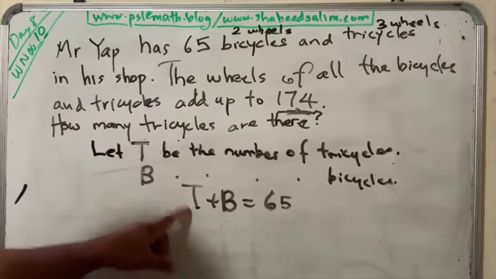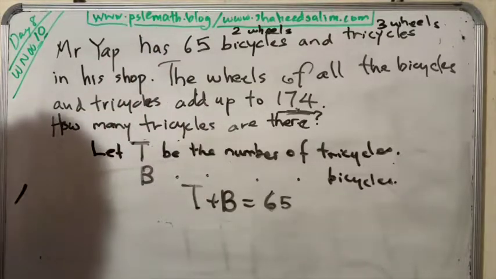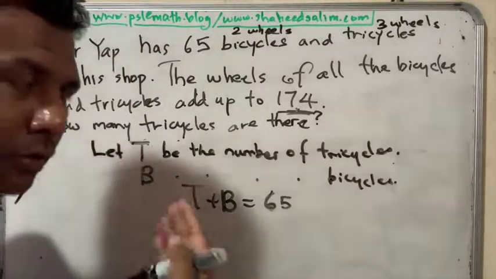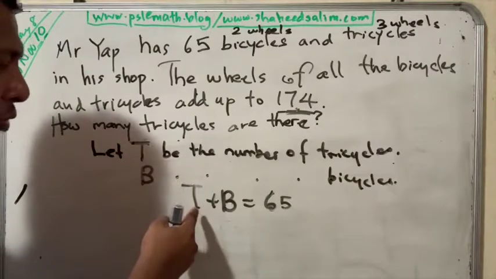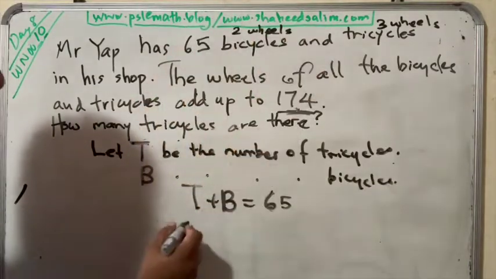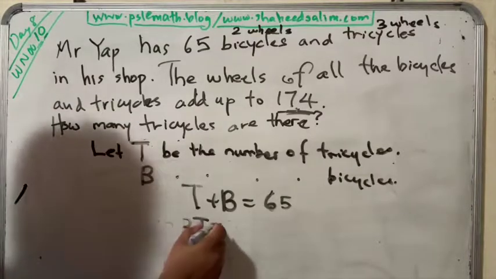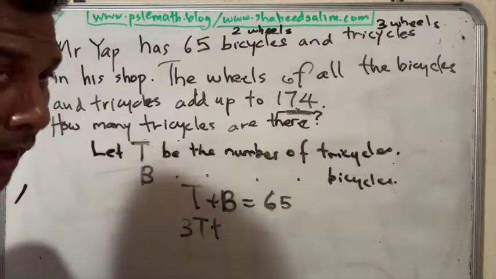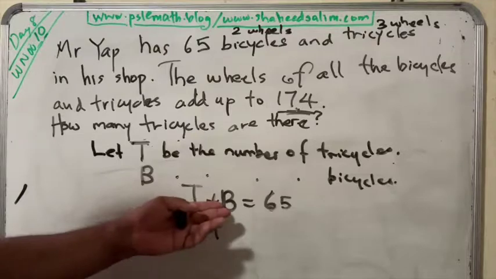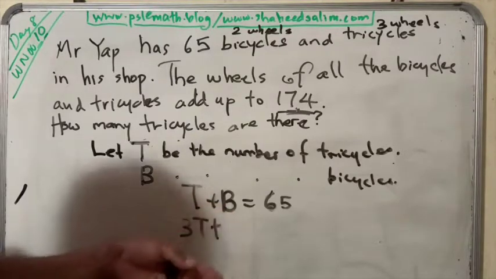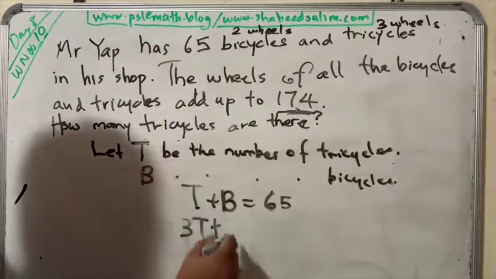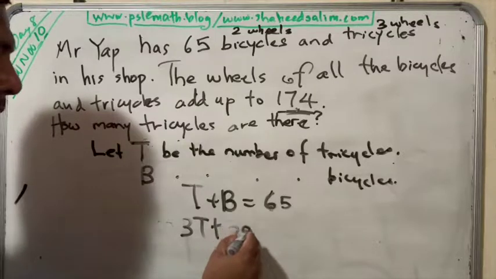Here we go. A tricycle has 3 wheels. So the number of wheels the tricycles have is the number of tricycles times 3, 3 times t is 3t. And the number of wheels the bicycles have is the number of bicycles times the number of wheels, which is 2, 2b.